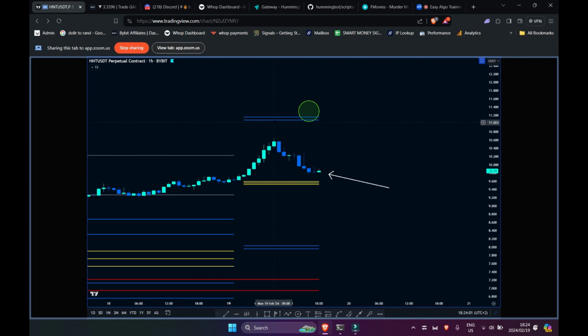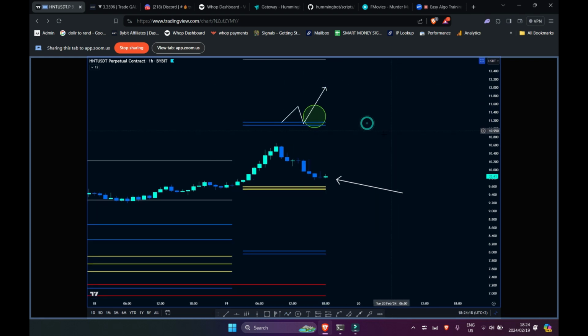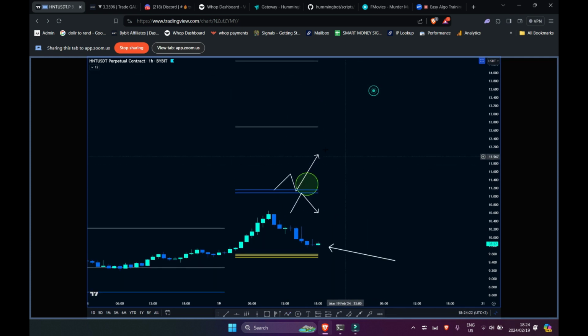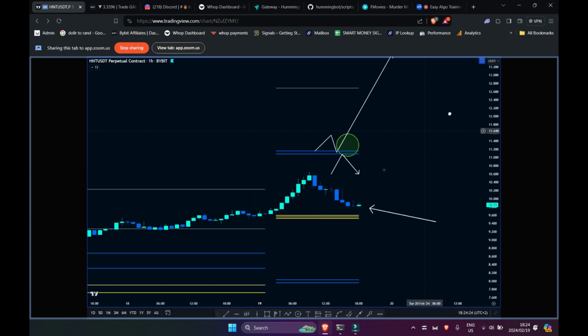The alerts will let you know when price gets to these resistance areas. So whenever price gets to this point, the alert will go off, because we know it's either going to resist that area, or if it breaks through that area, we know it's going to go much higher. So those are the two things that actually happen at this point. Either it resists or breaks through and goes to the next levels.